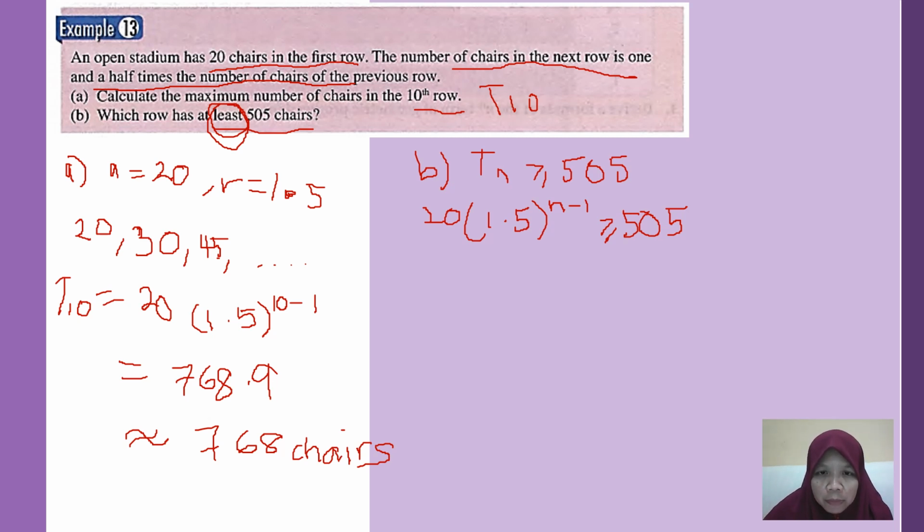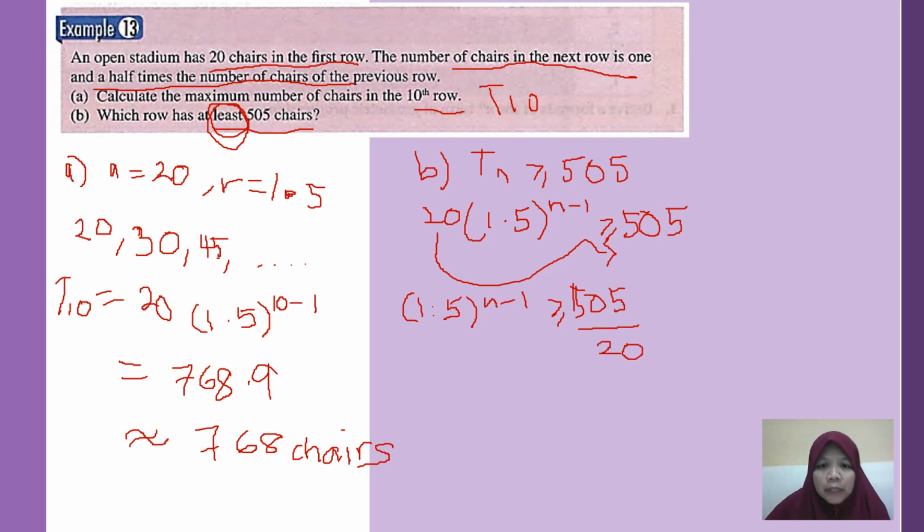Before that, you can move this 20 to the other side. Then 1.5 to the power of n minus 1 is greater than or equal to 505 divided by 20.